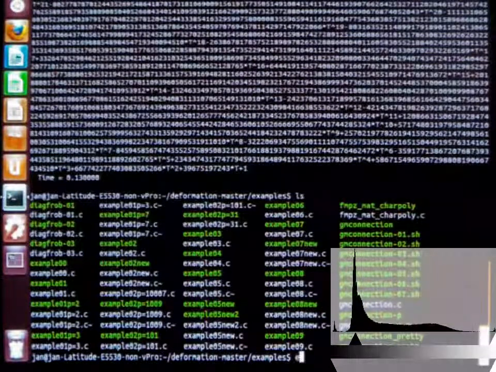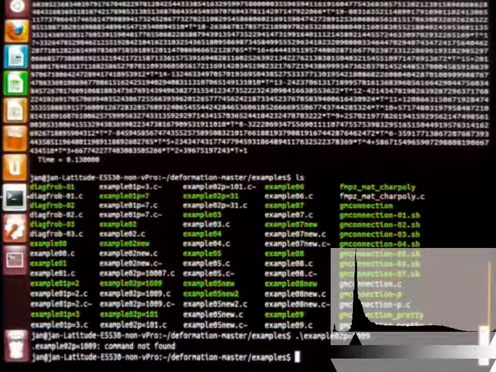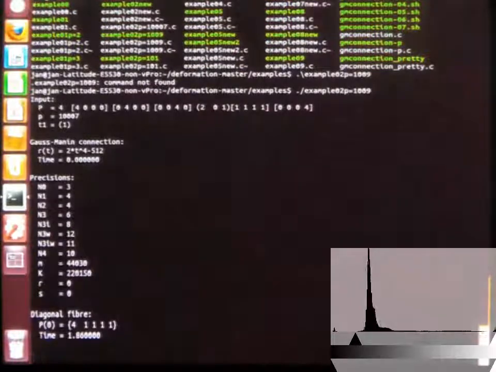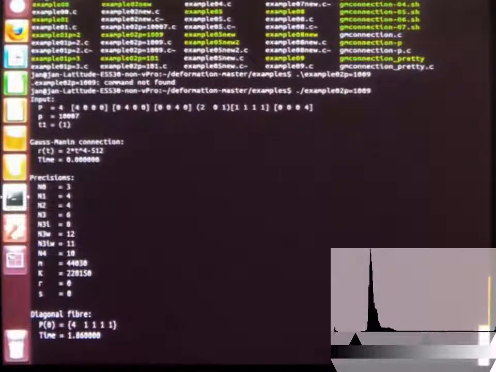So let's see what I did here. I just did this this afternoon, so I haven't checked that the output is correct, for example. So 2p is 2009. Maybe I'll let this run. So the same idea, but now T1 is just 1.